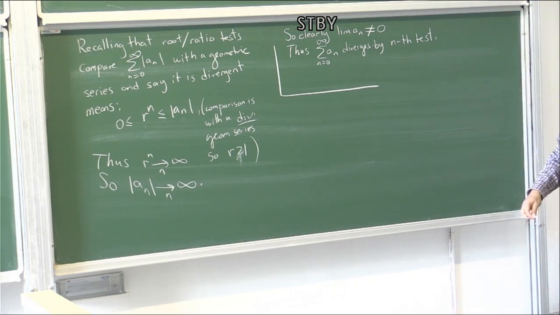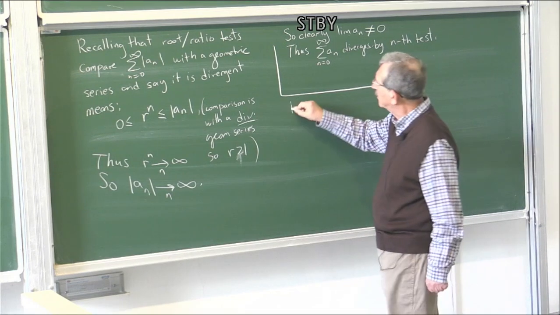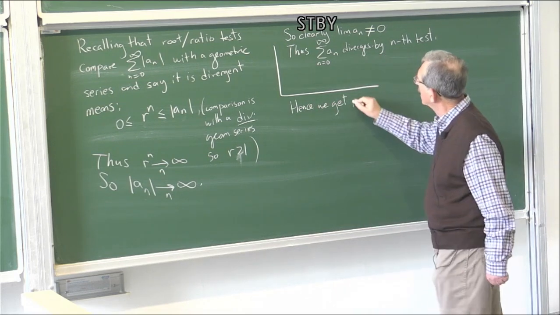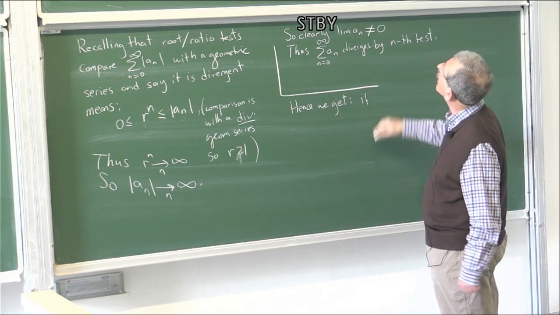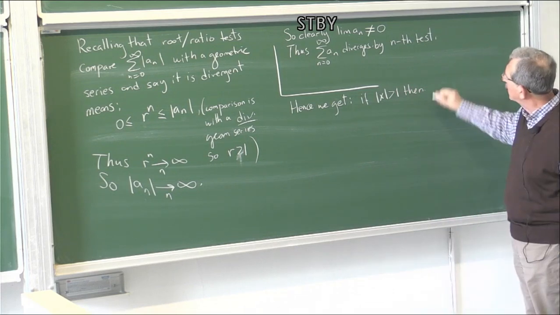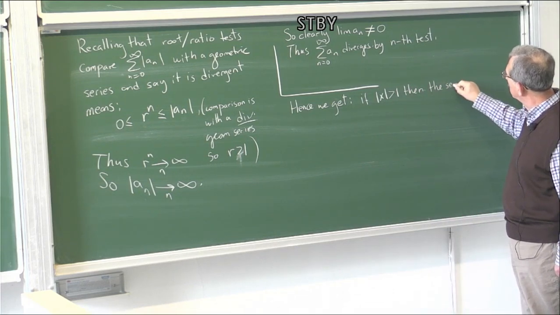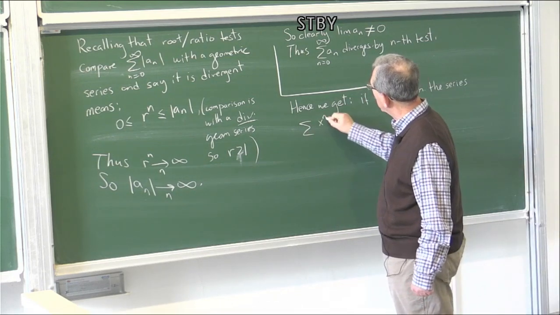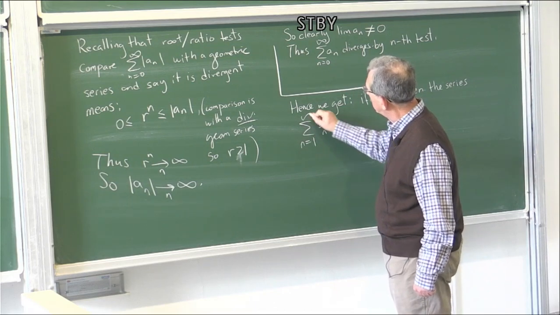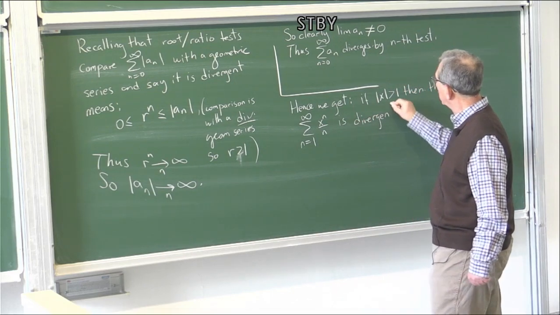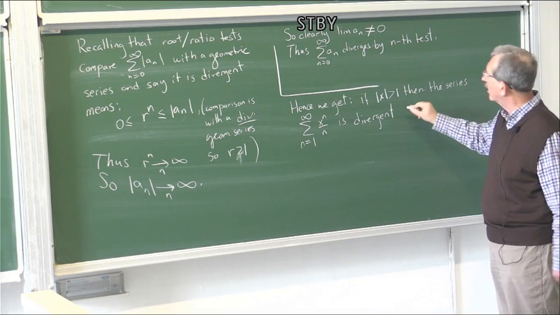So continuing our discussion, hence we get, if absolute x is greater than 1, then the series without absolute value, that is x to the n over n, is divergent. From the remark above.